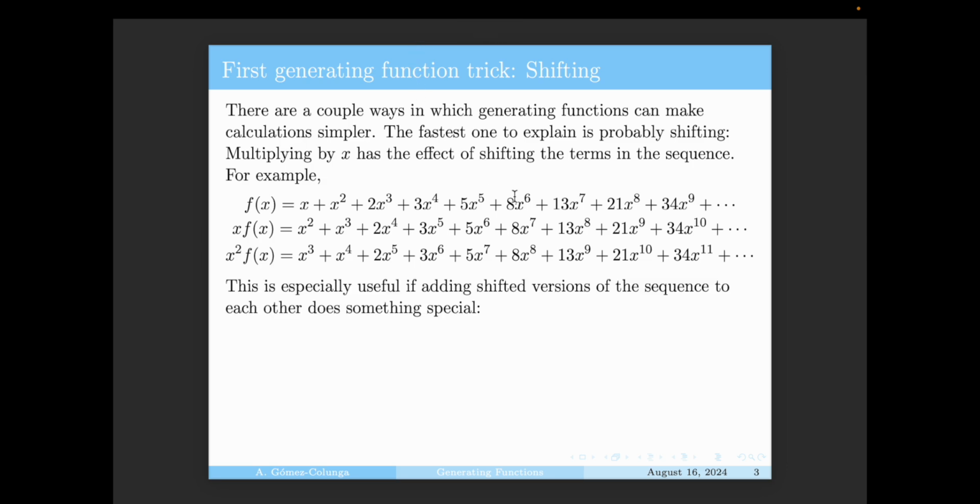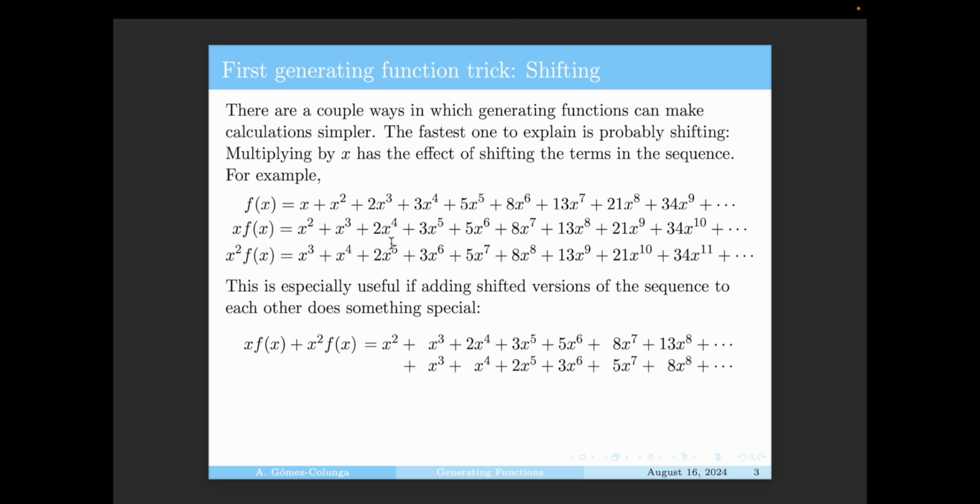Why is this cool? Well, it's useful if adding shifted versions of the sequence to each other does something special. So for example, if we take x times f of x, that's this row right here, and x squared times f of x, that's this row right here, and add them together, what do we get?